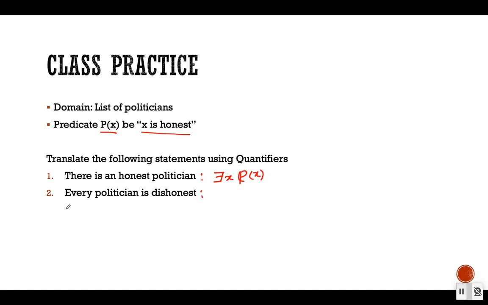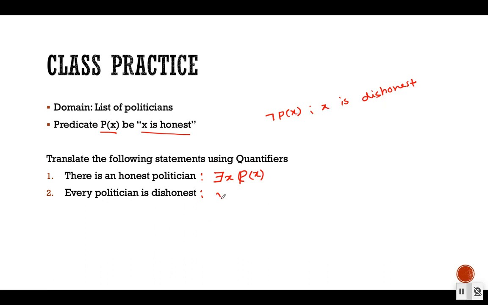So how about the second one? Every politician is dishonest. If p(x) means x is honest, the negation of p(x) means x is dishonest, or x is not honest. Now how can I translate that? I can say that for every politician it is true that x is dishonest.